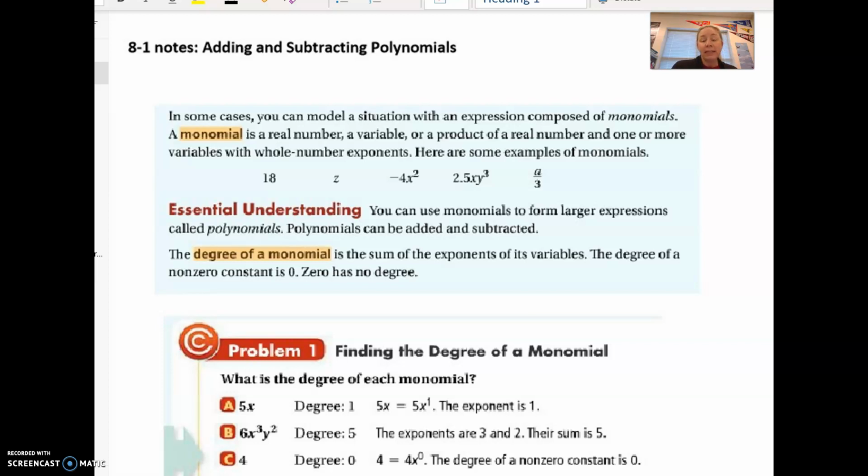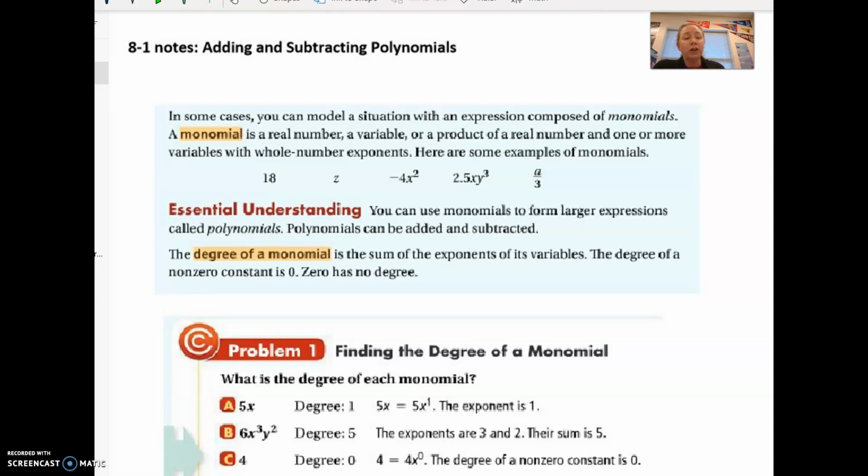In some cases, you can model a situation with an expression composed of what we call monomials. A monomial can be a number by itself, it can be a variable by itself, or it can be the product of a number and one or more variables with whole number exponents. So it gave you some examples here of what a monomial would be.